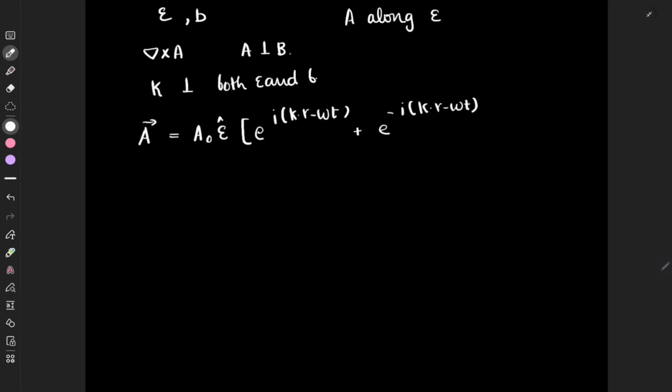Here the dot product k dot r is the dot product of the wave vector and the propagation direction, which simply means that the propagation direction and the wave vector are in the same direction. This term is called the phase factor.